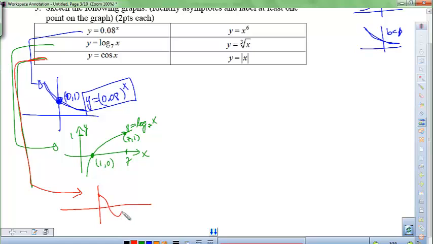This starts off at 1, and finishes one whole period at 2 pi. So this would be good enough to show, but you can keep going forever if you want on both sides. And label a point, (0, 1) would be a good point. Another good point to label would be (2 pi, 1). Then you can label a bunch more points if you want, but this is the cosine function.